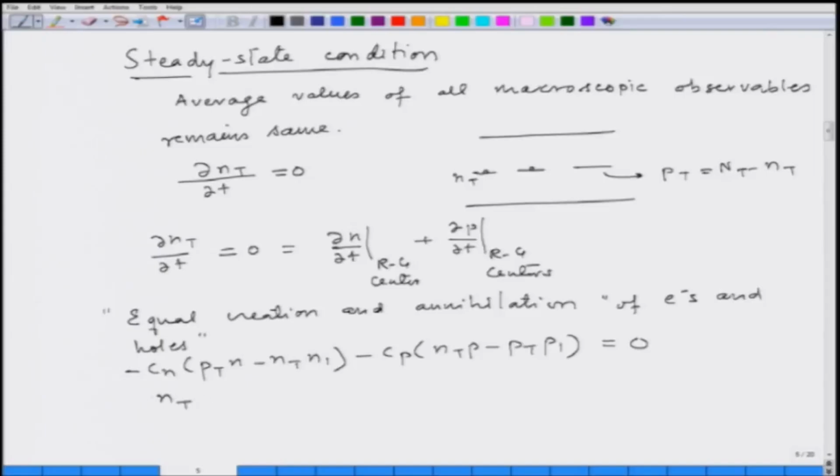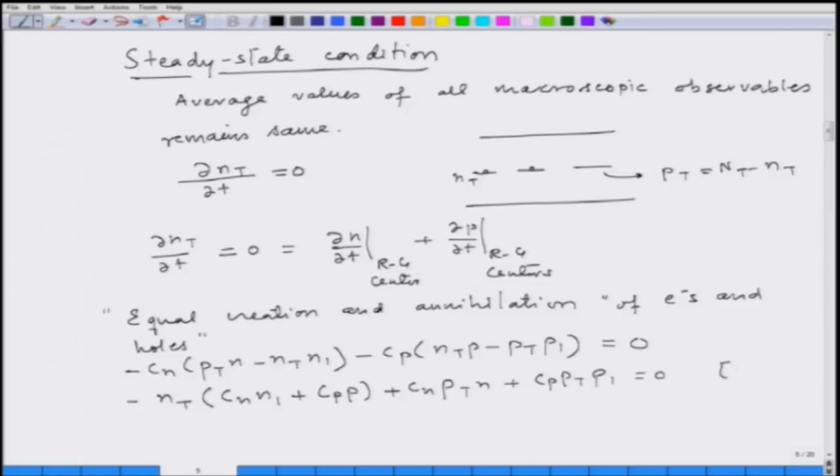I will say n of t is basically C of n n 1 plus C of p, minus C of n p of t n plus C of p p of t p 1.